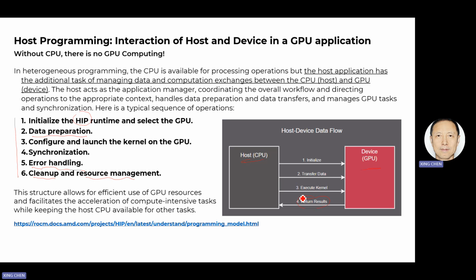So you need to make the GPU do the computation fast enough to make your overhead of transferring the data worth it. Otherwise, you are going to be wasting your time, wasting the host time. That doesn't make sense. So you have to make things really fast with the GPU. And the GPU is designed to do that.